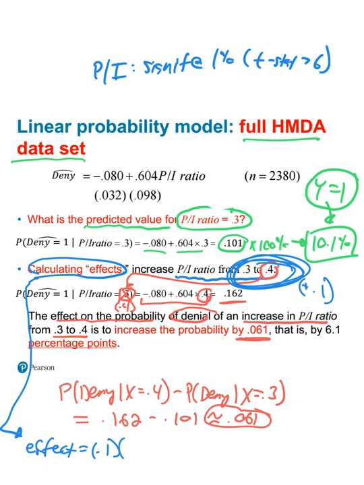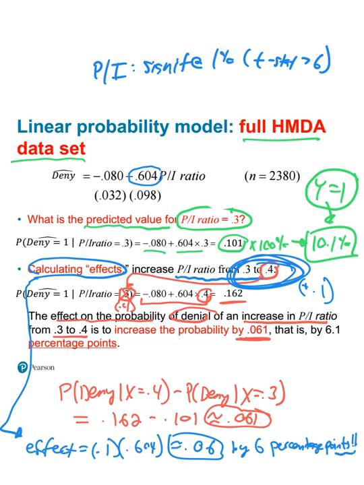The coefficient happens to be 0.604. And this is going to be roughly equal to 0.06. So again, what this says is if I decide to change my PI ratio by, let's say, 0.1, it's going to increase the likelihood of being denied by 0.06 or by 6 percentage points. So it's increasing the likelihood of being denied by that quantitative amount.